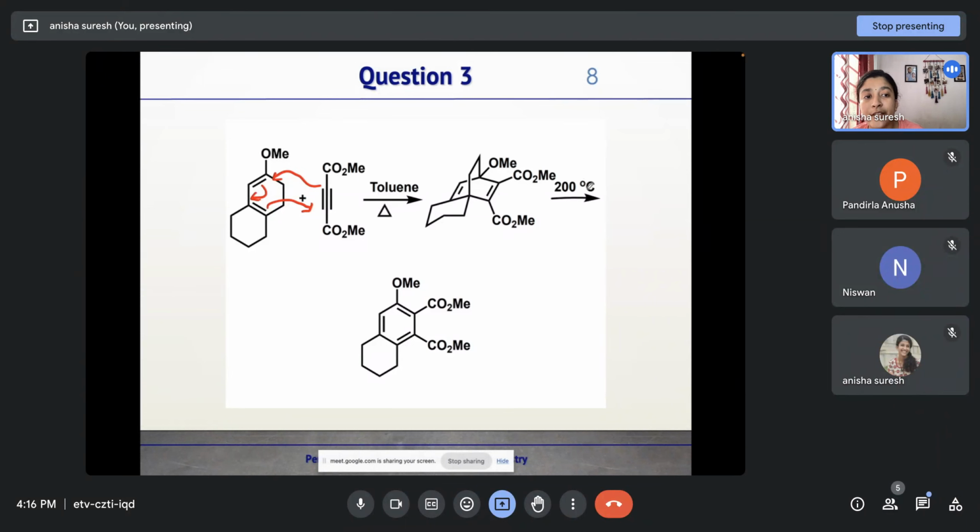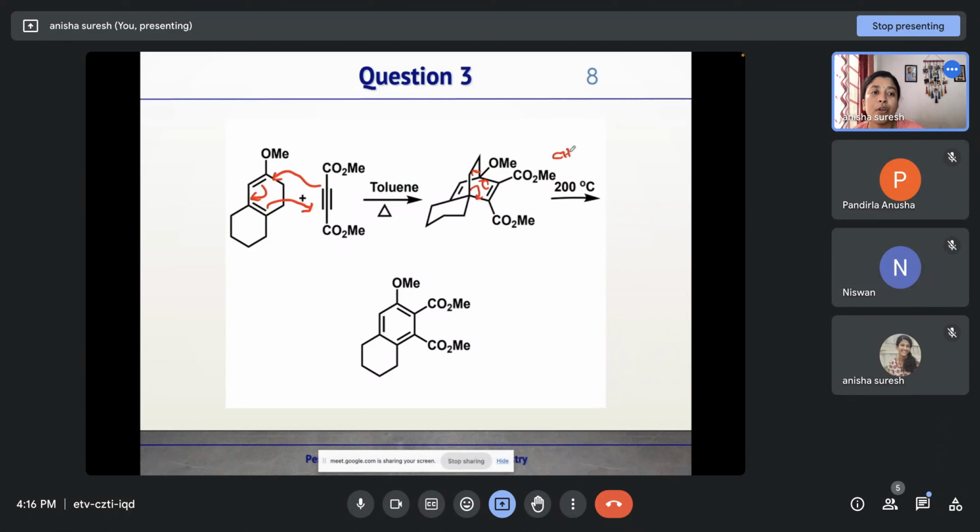And if we further heat it at 200 degrees Celsius, this system will isomerize. For that, this CH2 group will be leaving.